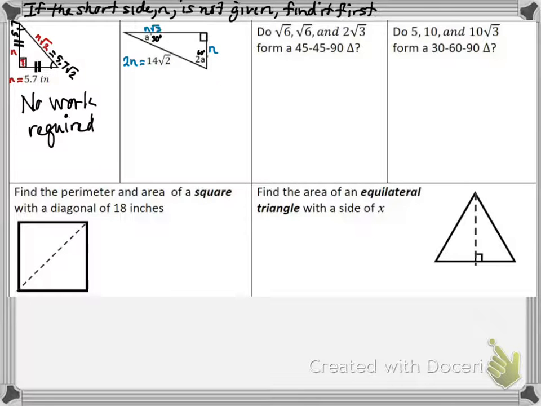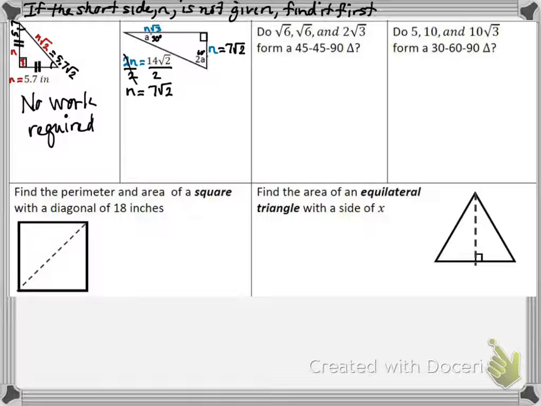Okay, I don't know N yet, but I just made myself a little formula I can solve that says 2N equals 14 root 2. Divide by 2 on both sides to give me N equals 7 root 2. Again, remember that you're not allowed to reduce a root 2 with a plain 2. You have to do the outside number with an outside number. So this side, 7 root 2.